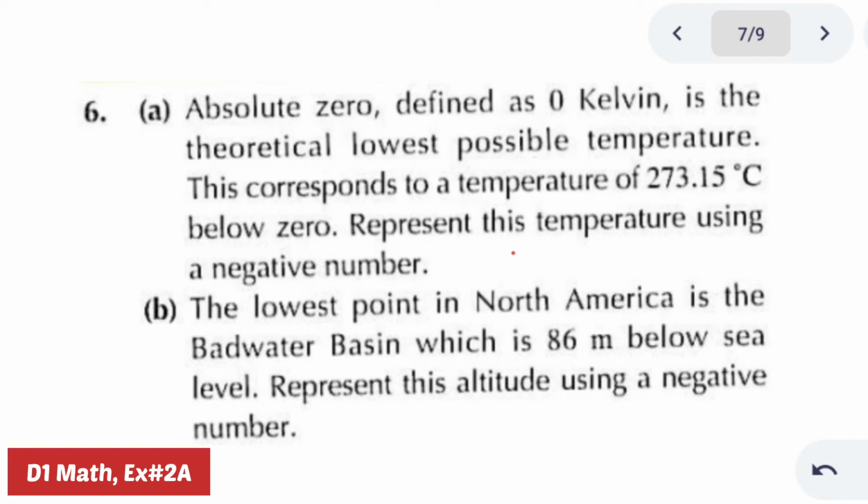Represent this temperature using a negative number, and we can easily write it as -273.15. The B part: the lowest point in North America is the Badwater Basin, which is 86 meters below sea level. Represent this altitude using a negative number, and we can write it as -86 meters.